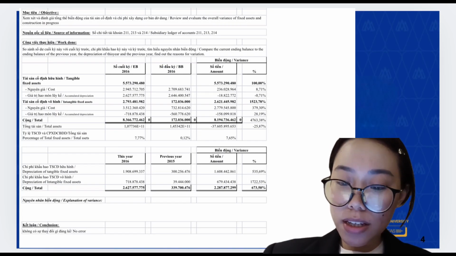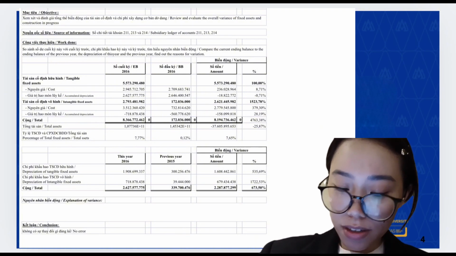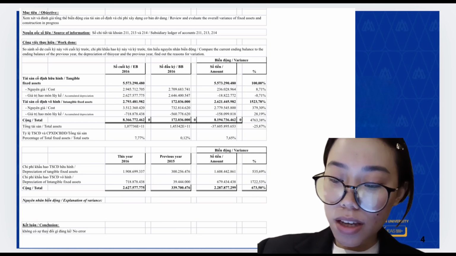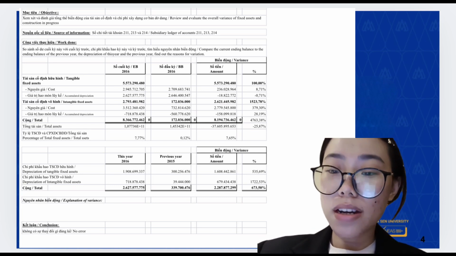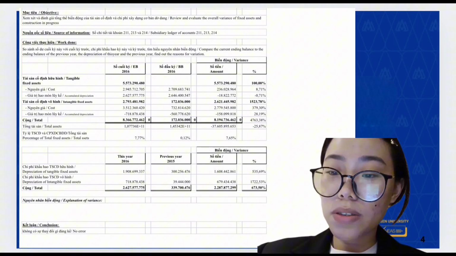Analysis of D743 variants. One, objective: ensure that increases or decreases of fixed assets in the current year are properly capitalized and accumulated.